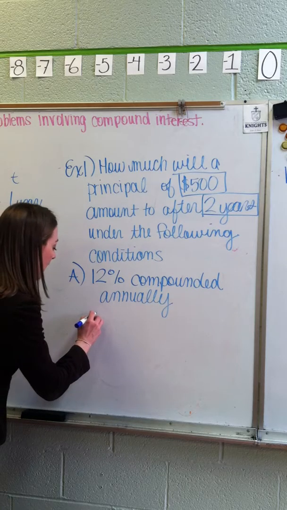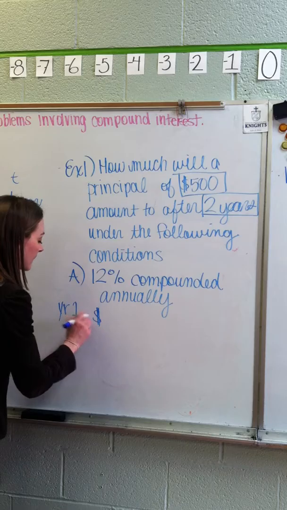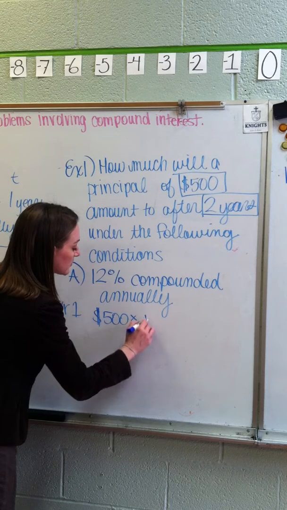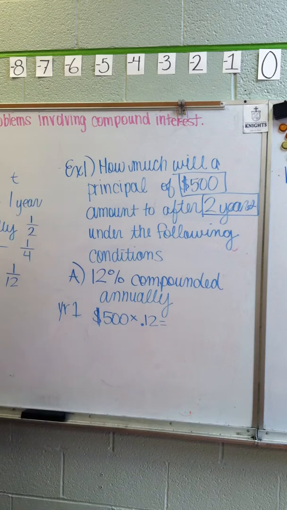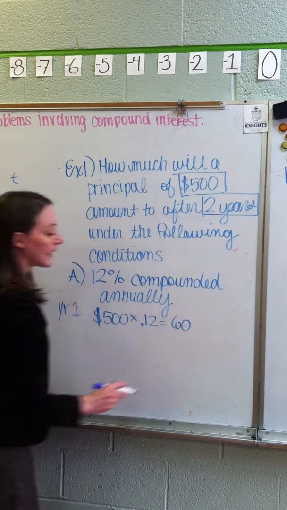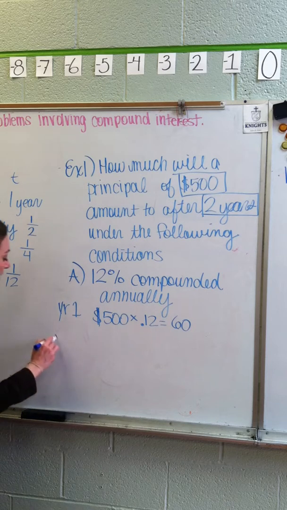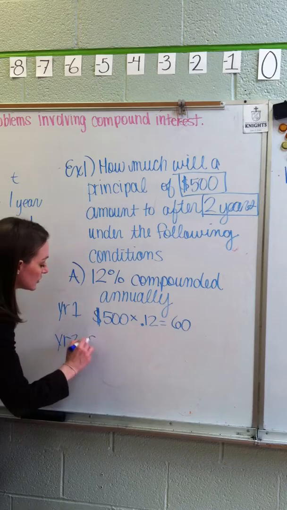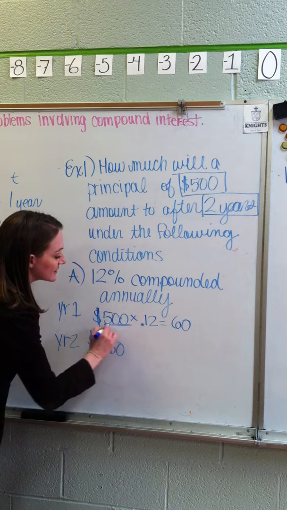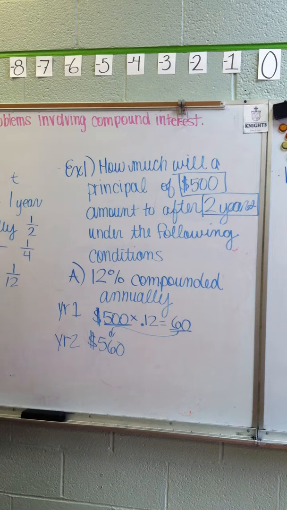So this is year 1. My $500 times my 12%, which should be 60. Now, I have to add that, so I begin year 2 with 560 because I add this and this to get this. Hope that makes sense.